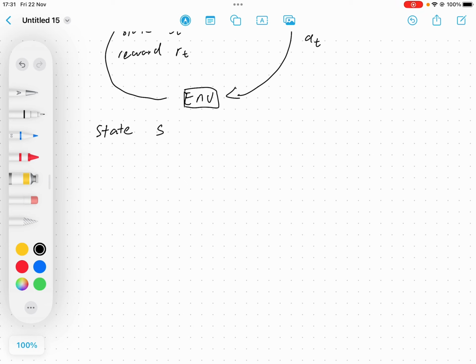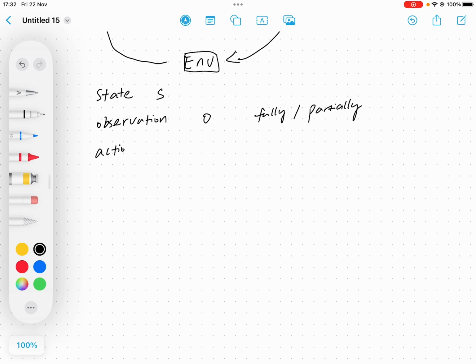So the state is S, and sometimes the agent doesn't observe the state directly, but instead observes some observation O. It could be a full observation or a partial observation, right? Fully observed or partially observed.